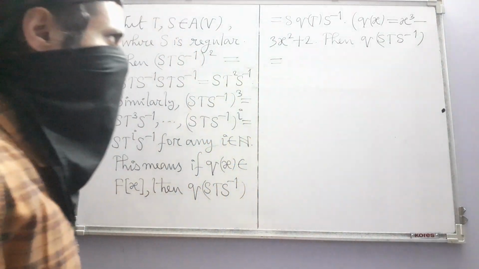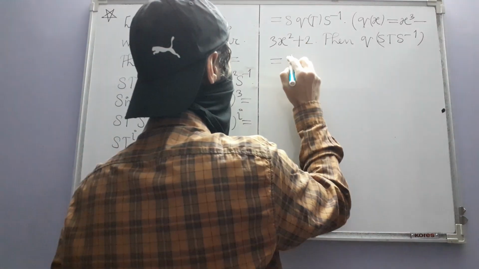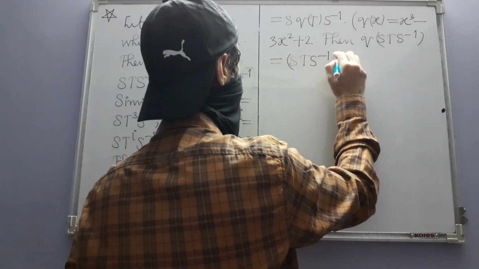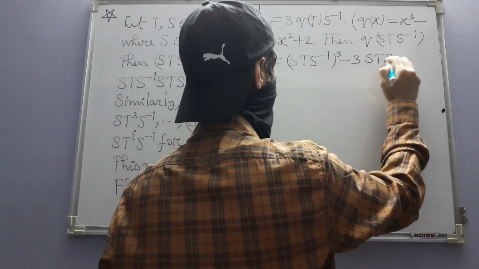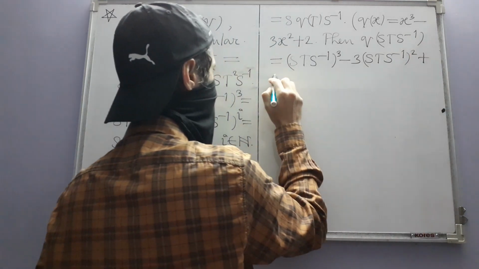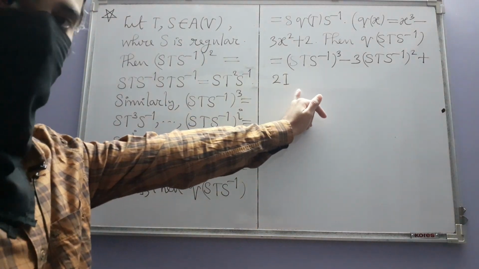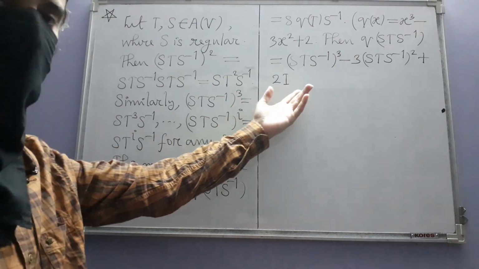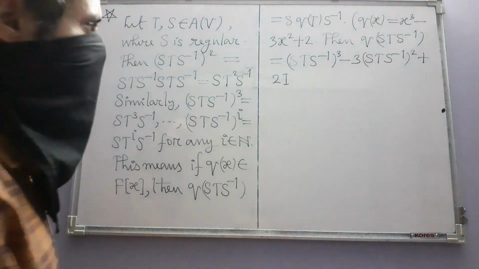Simply replacing x with ST S inverse in the polynomial gives us this: ST S inverse cube minus 3 ST S inverse square plus 2I. I mean, we of course have been writing 1 to denote the identity operator. Here, however, if you just simply write 1, it will look like 21. So I have decided to write I.